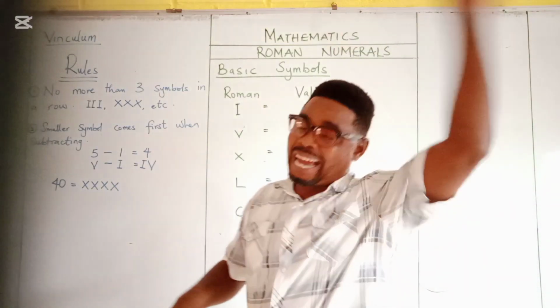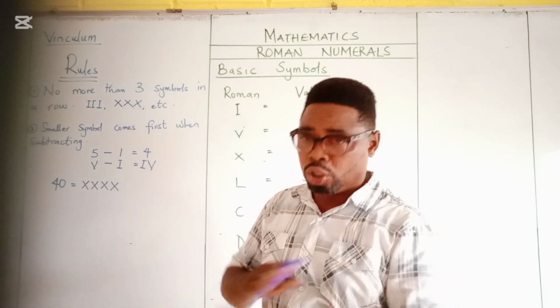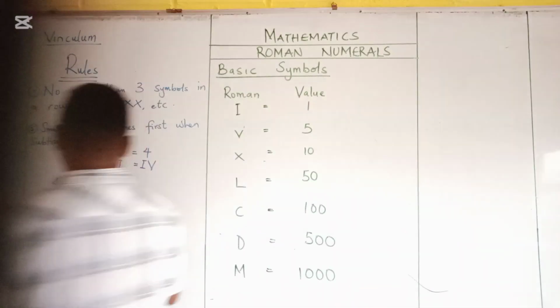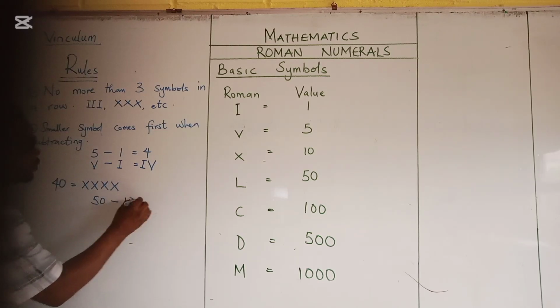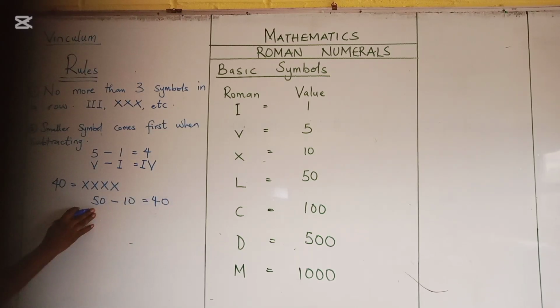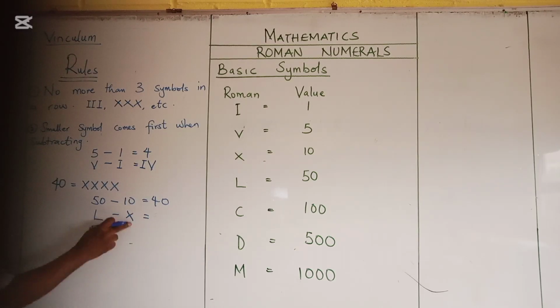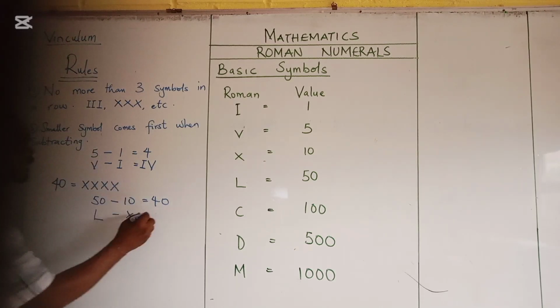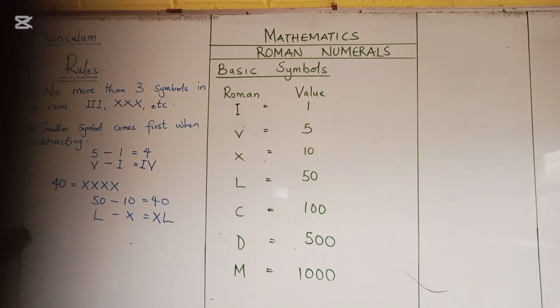Although there was a time that it was written this way, not anymore. So to get our 40, we say it is 50 minus 10. 50 is L, minus X. The smaller one comes first, that is what this law is saying. So we have XL.